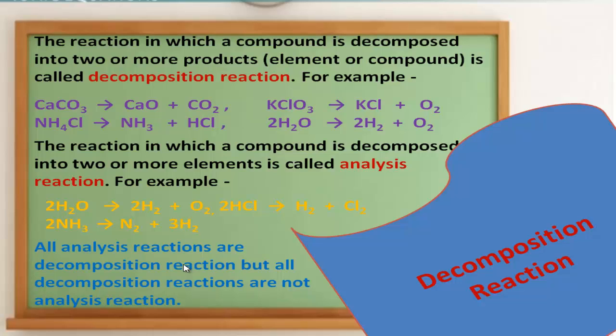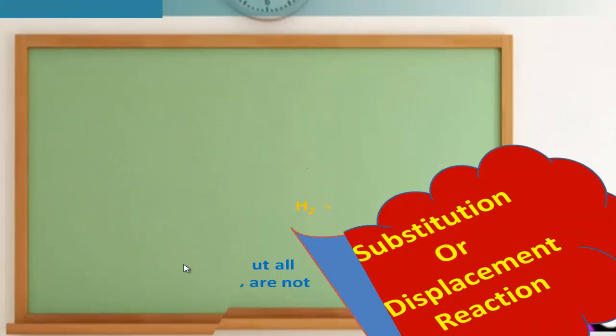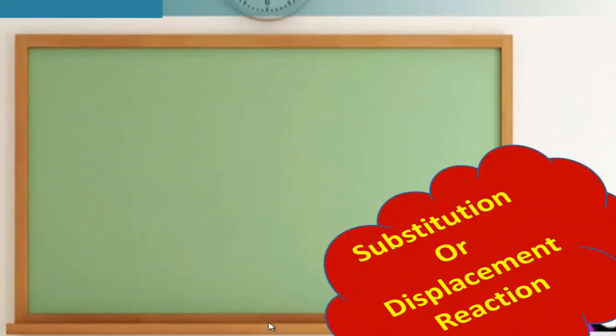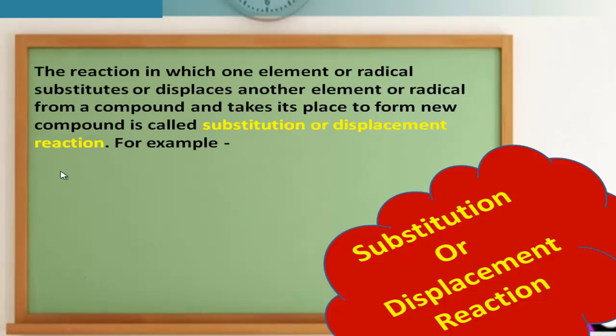Now my dear students, let's look at another type of reaction, that is substitution or displacement reaction. The reaction in which one element or radical substitutes or displaces another element or radical from a compound and takes its place to form a new compound is called substitution or displacement reaction.